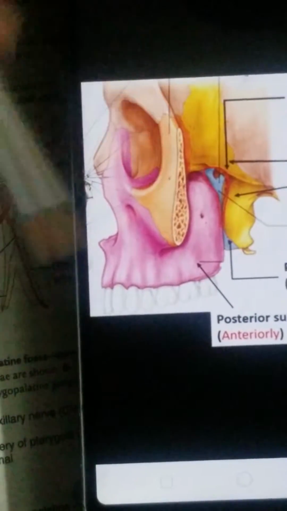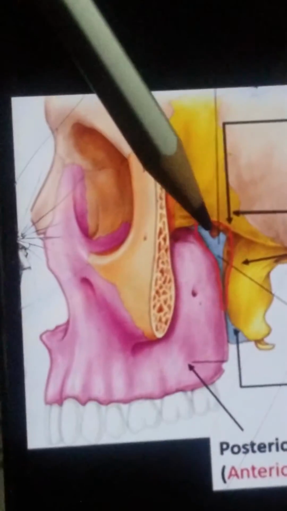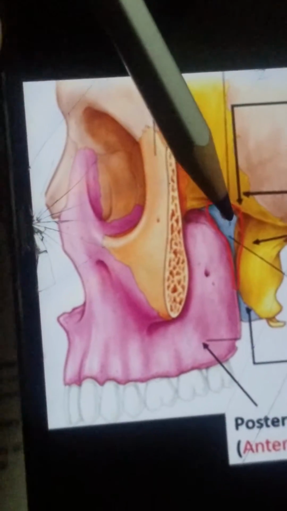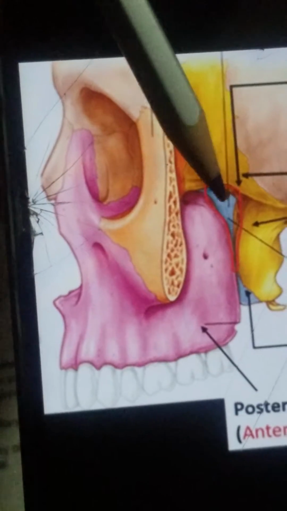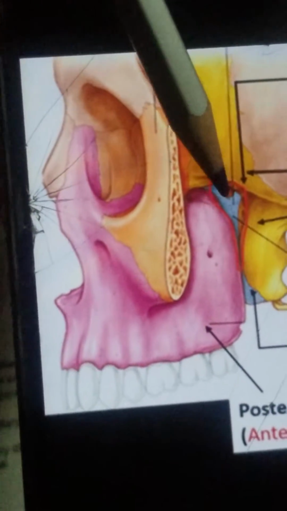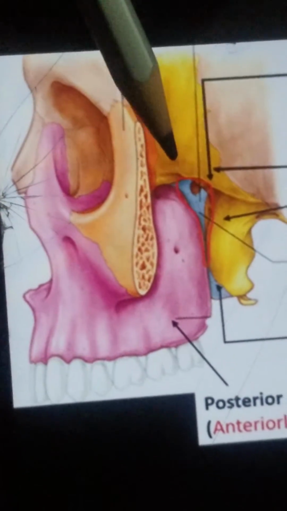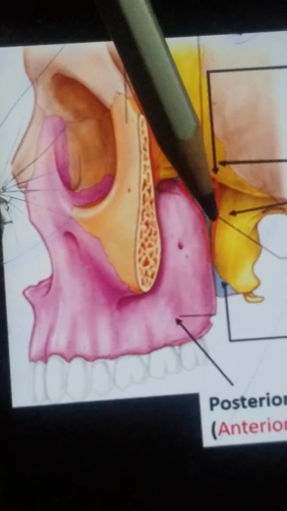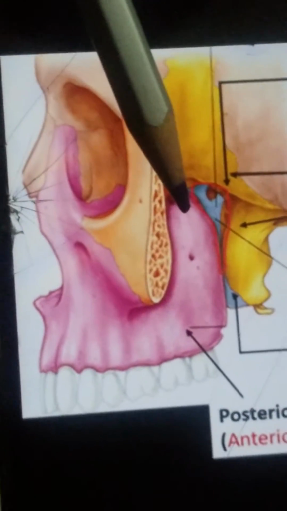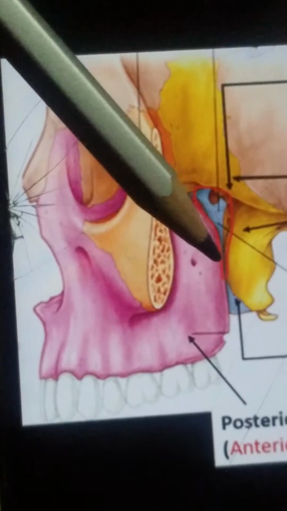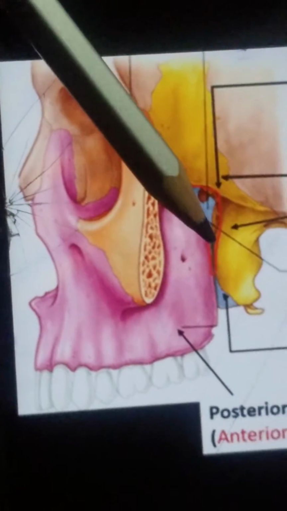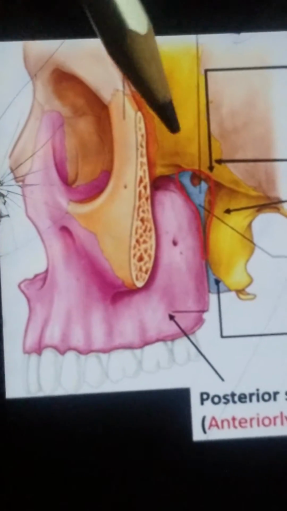Now the median and lateral boundaries. As you can see, the median boundary is lying on the inside, and this is by the perpendicular plate. This blue one is the perpendicular plate of palatine. So the median boundary is by the perpendicular plate of palatine, and lateral is actually, this red line is showing a fissure, that is the pterygomaxillary fissure.